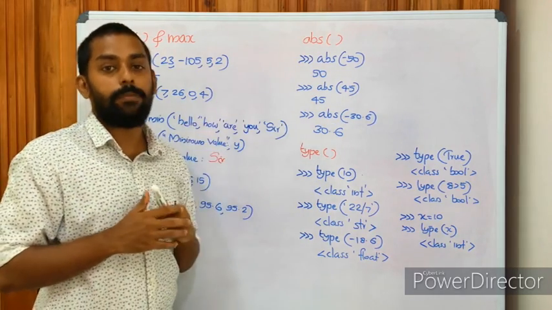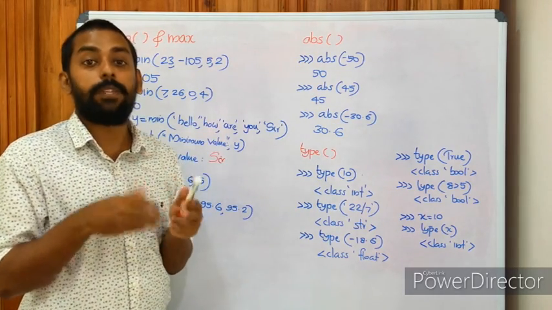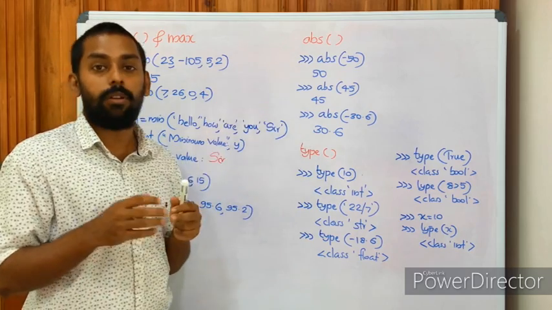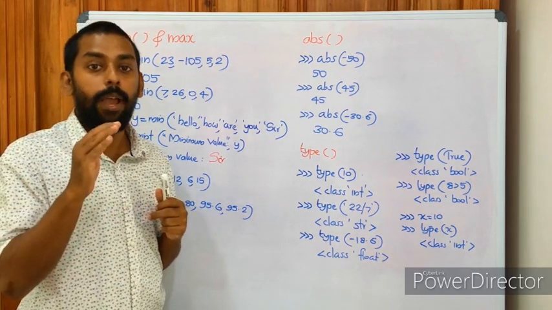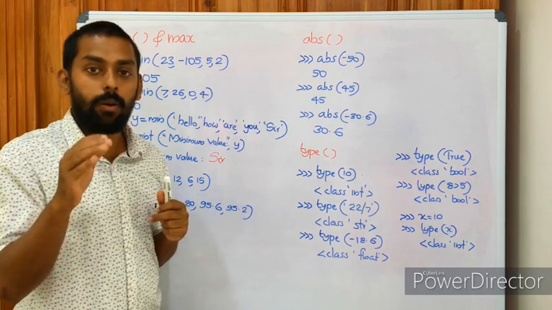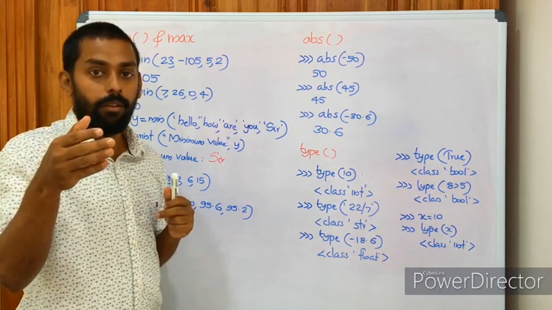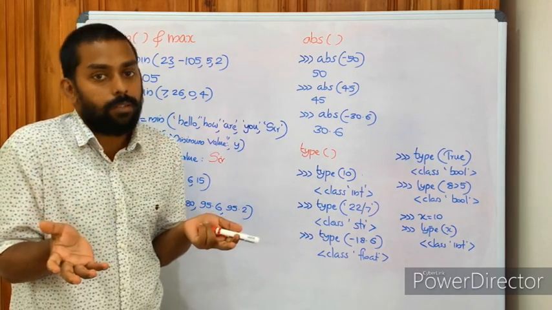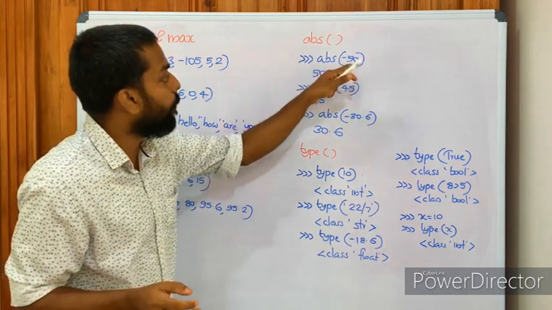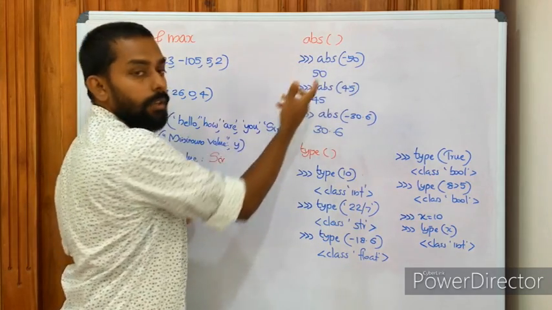Then we have the ABS function. ABS stands for absolute value. The ABS function returns the absolute value of a single number, and it works on integer and floating point, and returns the positive value. Absolute value means positive value. We are applying it for minus 50. ABS of minus 50, the result is 50.